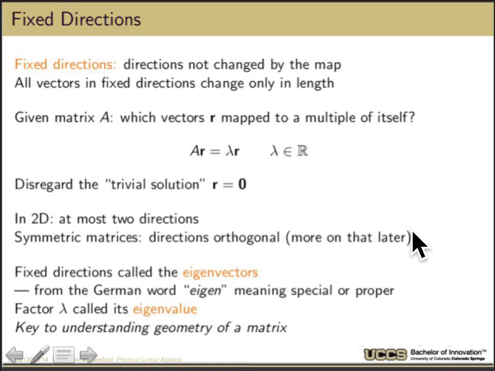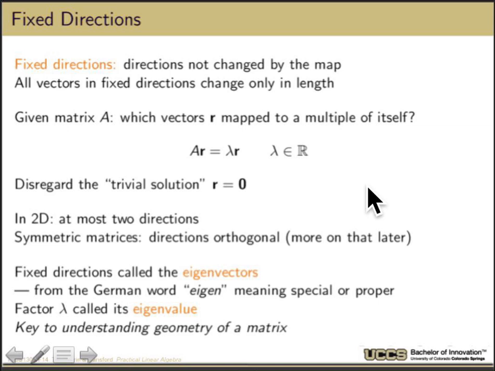And once you start looking at it that way, of course, we can now think of that in matrix form, go back from the geometric to the algebraic form, and say, well, what we want to find are the vectors r such that A times r is equal to lambda times r, right? That is, when I multiply this vector by the matrix, I just get some scaled value of that vector. And we're going to disregard the trivial solution of 0 because 0 always satisfies that equation.